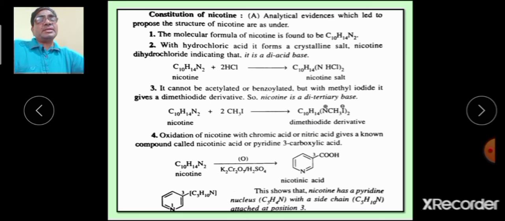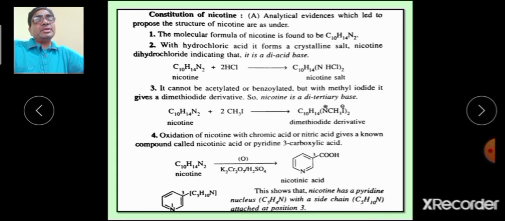Then on oxidation, as we have seen in the general study, oxidation gives a compound from which we can conclude the structure of the original alkaloid. Oxidation of nicotine with chromic acid or nitric acid gives a known compound, beta pyridine carboxylic acid, also called nicotinic acid.